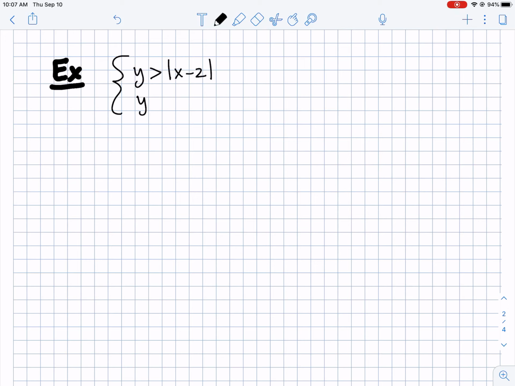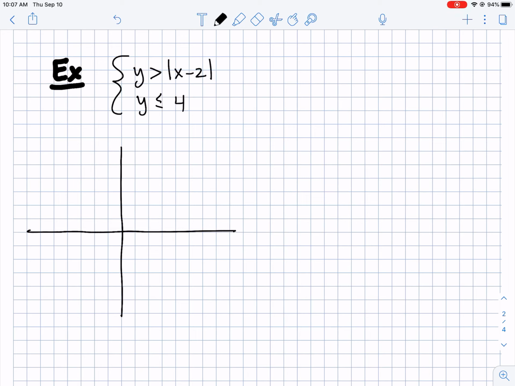And then I have y is less than or equal to 4. Okay. Again, I'm going to create my graph.